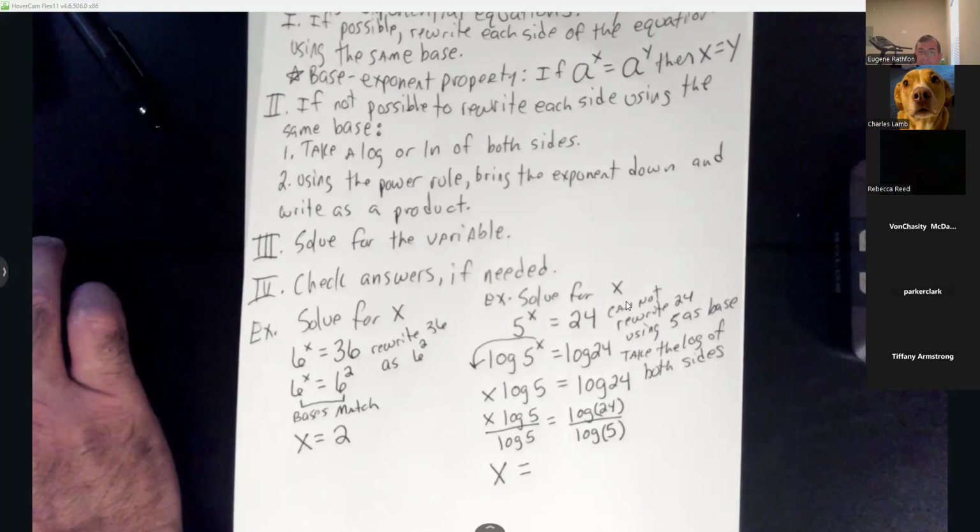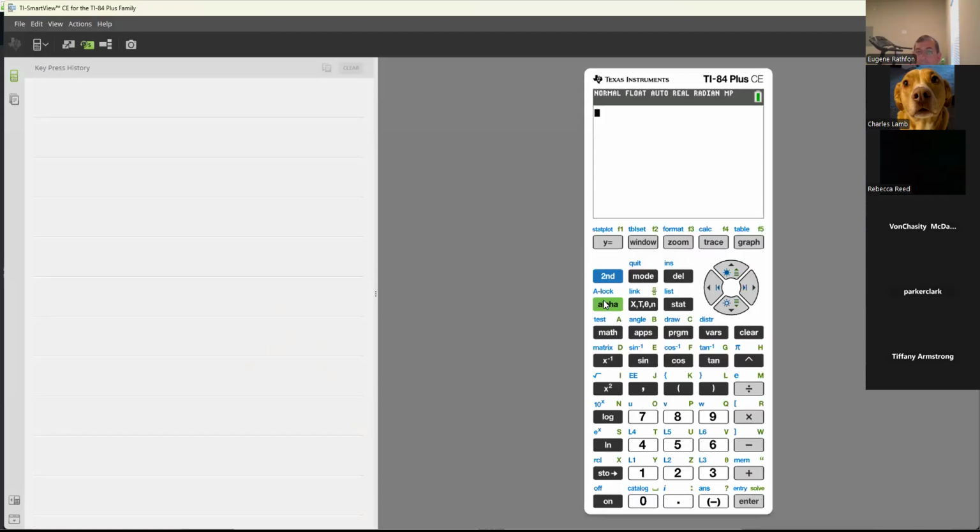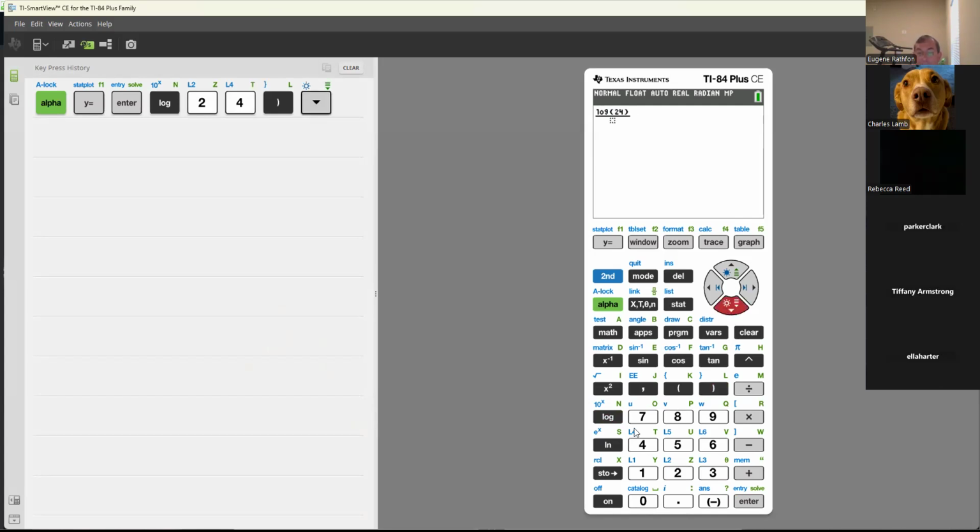So y'all, I've got my alpha y equals. I'm going to hit alpha y equals so I can make it look like a fraction, and hit enter. On top, I've got the log of 24. All right, close those parentheses. On the bottom, I had the log of 5. Close those parentheses.